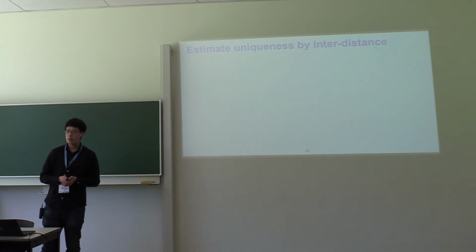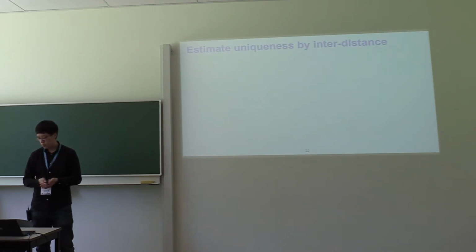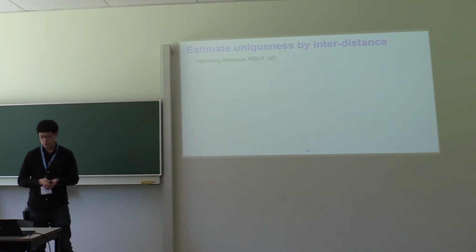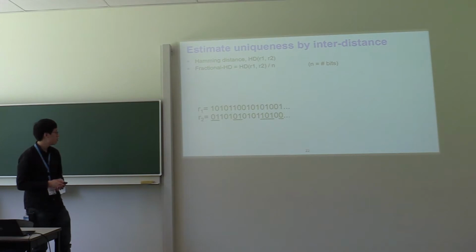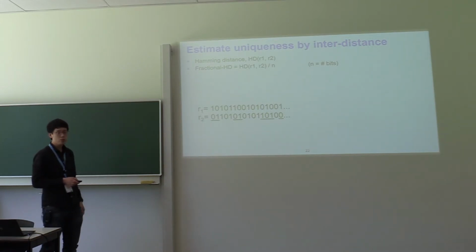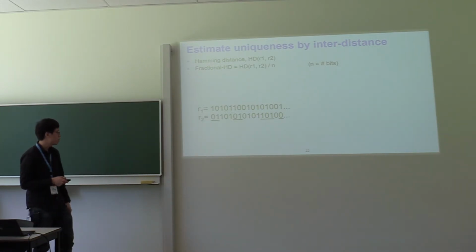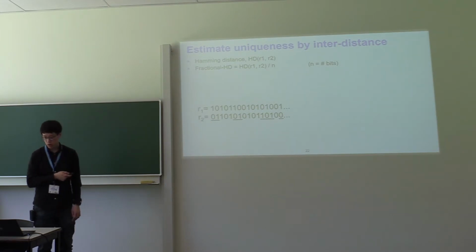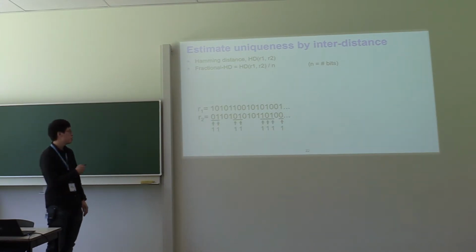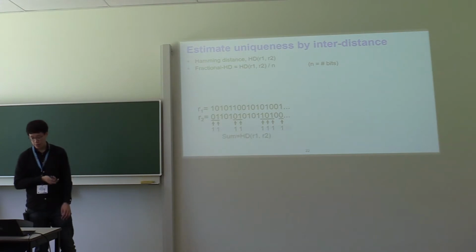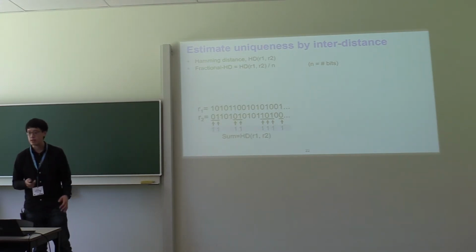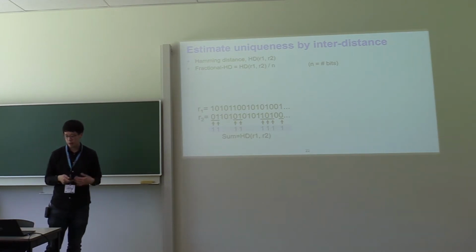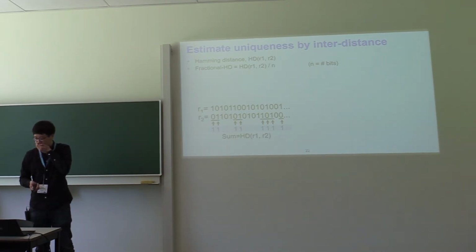How do we estimate uniqueness in this field? We usually use the Hamming distance of the two responses, which you can calculate. For R1 and R2, the underlined bits of R2 are the bits which are different from R1. If you give each difference a 1 and sum up these ones, it gives the Hamming distance between R1 and R2.